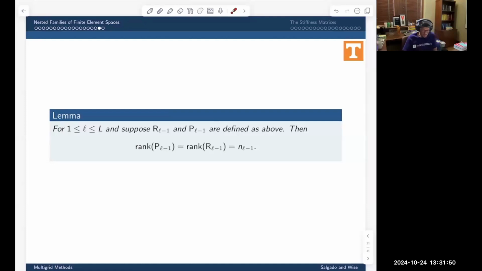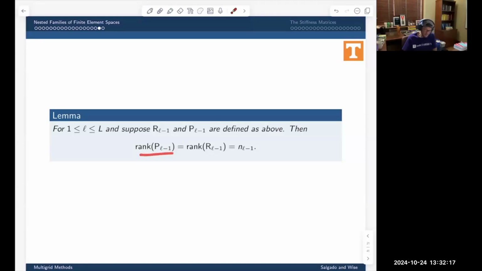Suppose that we've defined, just as above, our prolongation and restriction matrices. Then we know that the rank of those matrices has to be exactly equal to N_{L-1}. It's the smaller of the number of rows and number of columns. So P_{L-1} has N_L rows and N_{L-1} columns.